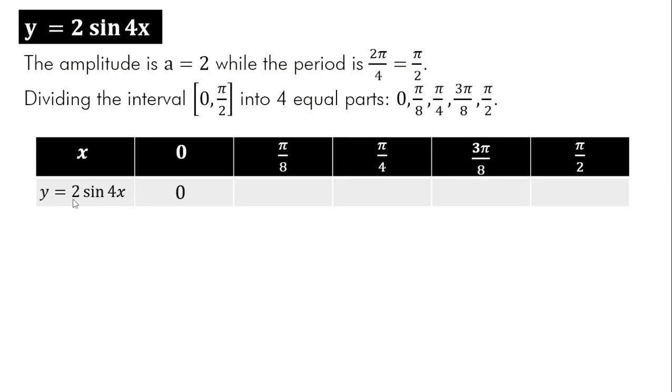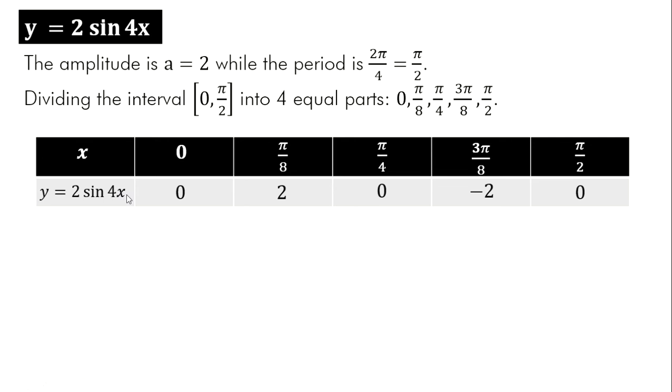Then 2 sine 4 times pi over 8, the result of that is 2. Then for 2 sine 4 times pi over 4, that is 0. And then 2 sine 4 times 3 pi over 8, that is negative 2. Lastly, if we substitute pi over 2, that is 0.